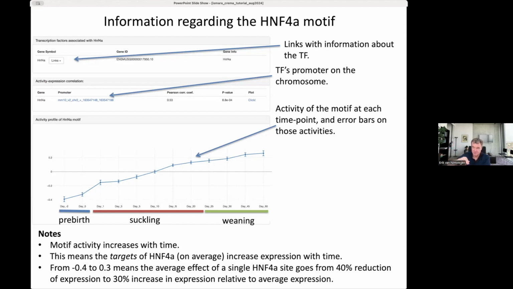So if we see that all the genes that have predicted binding sites for HNF4 are going up, then we predict that HNF4 apparently became more active. But we do not use the expression of HNF4 itself. So at this point, I can now compare the motif activities that we infer from the target behavior with what HNF4 alpha is doing itself.